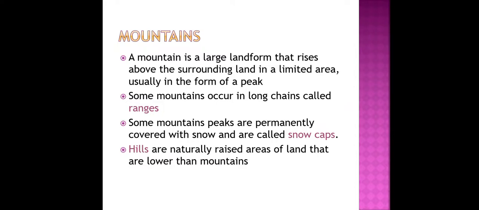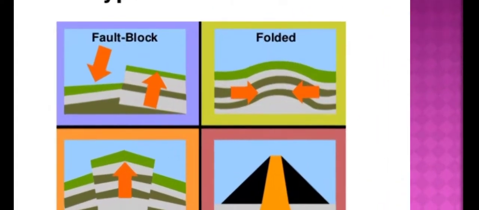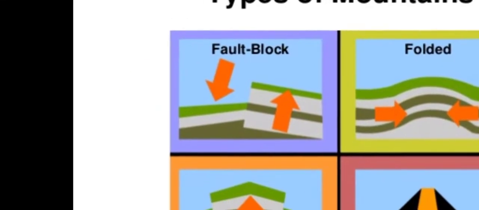Mountains also have types. We see four types of mountains: fault block, folded, upwarped, and volcanic mountains. Block mountains occur when large areas are broken and displaced vertically, as you can see in this diagram.